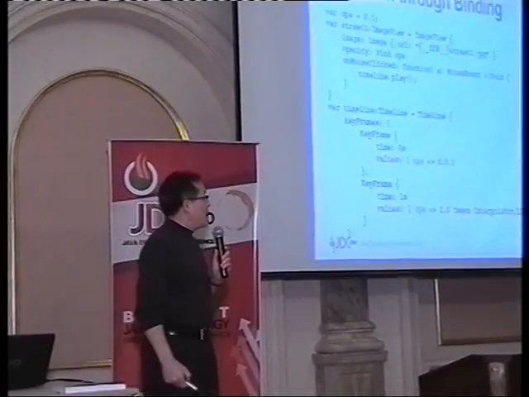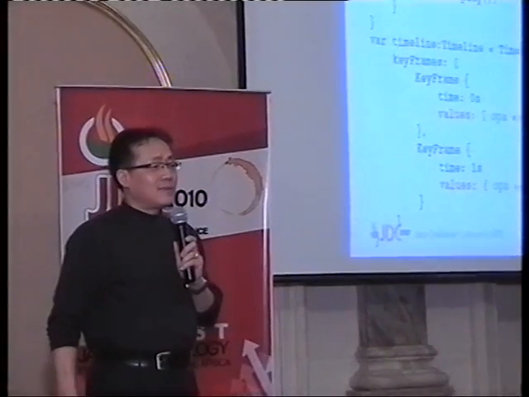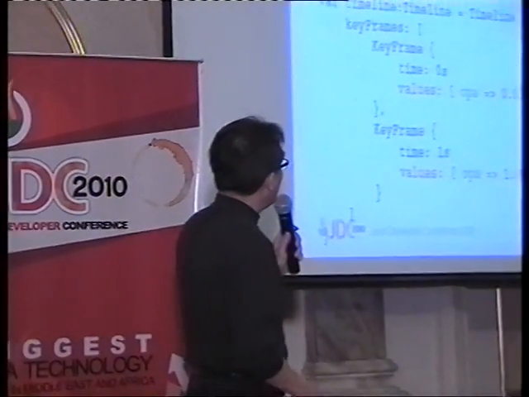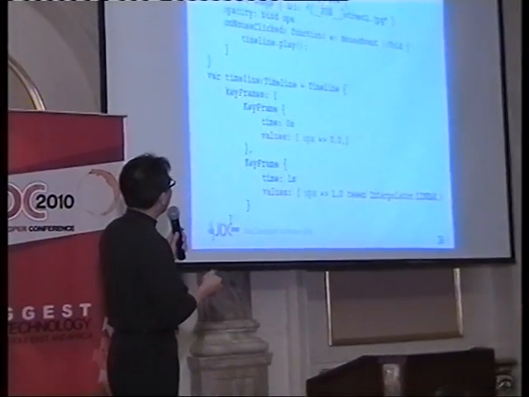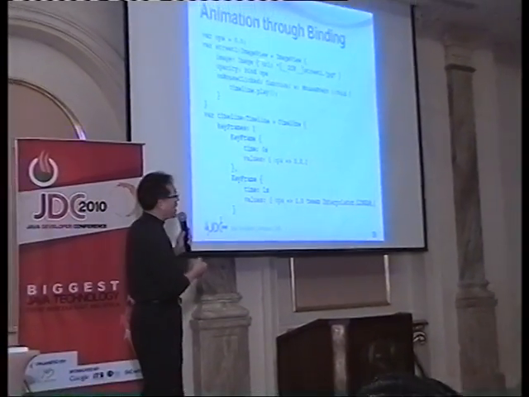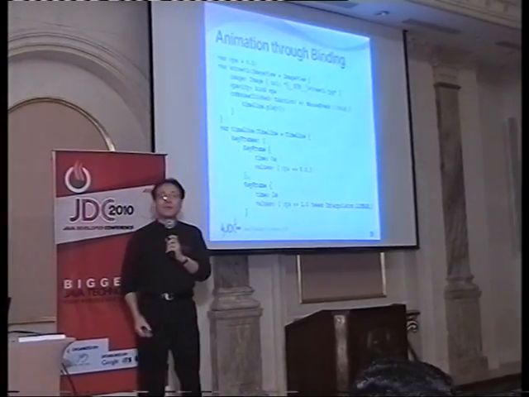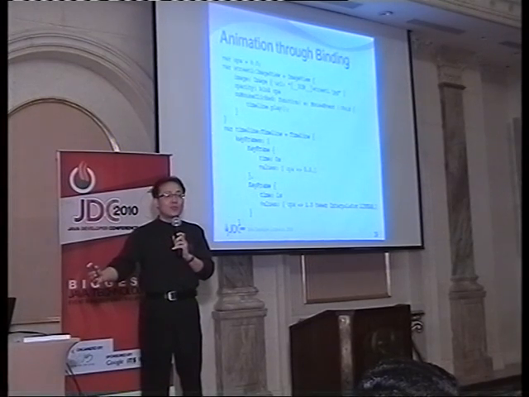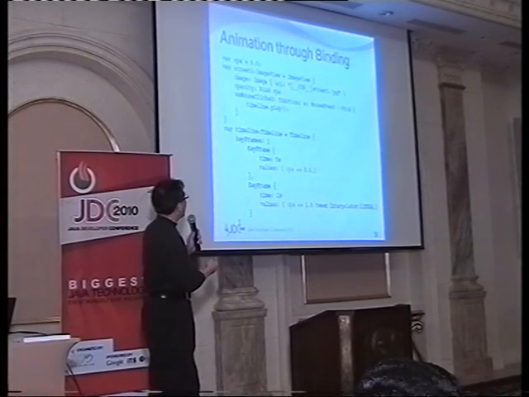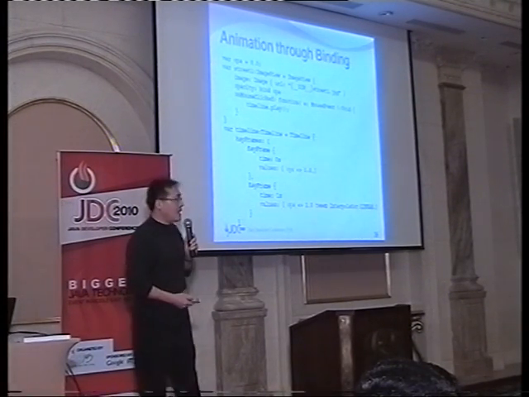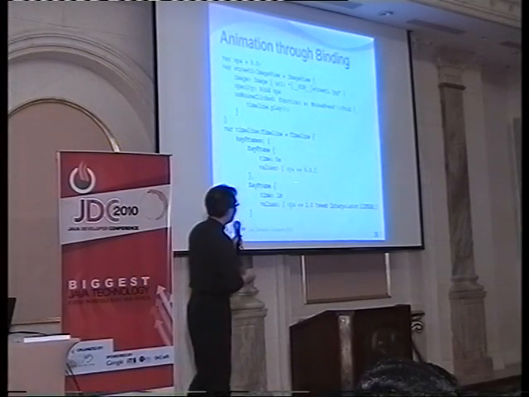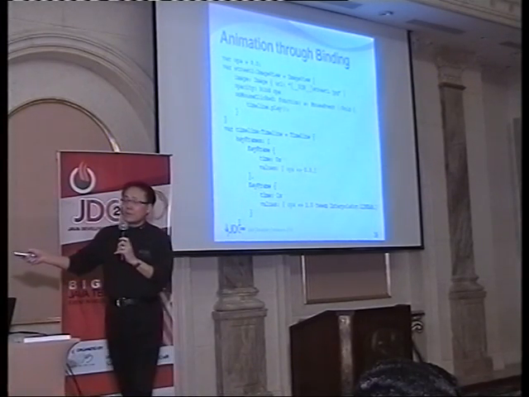Now, the exciting part, again, is the usage of bind with a graphical object: you can apply the change of value in the form of animation. I have a graphical object, and it has opacity. If I want to control the opacity based on some time duration using animation, I'm going to bind that opacity value with the OPA variable. I want to change that OPA variable using animation.